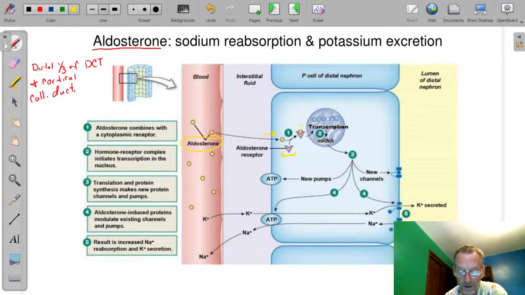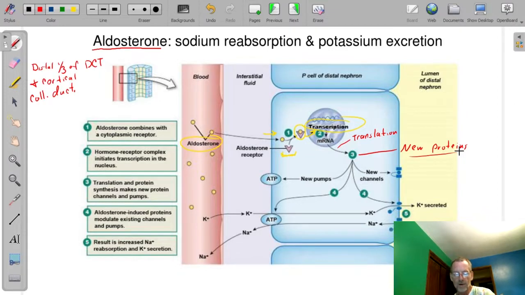And those two together then enter the nucleus, and that leads to gene activation. We have transcription, and then the mRNA leaves the nucleus, and we have translation. We're making new proteins. Remember what we're going to do? We're going to reabsorb sodium.